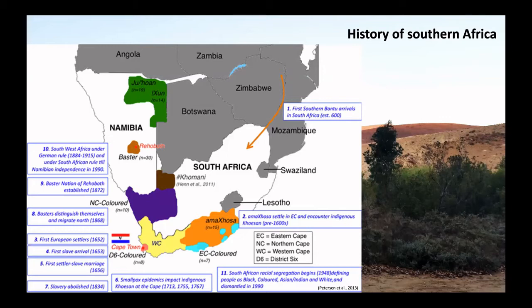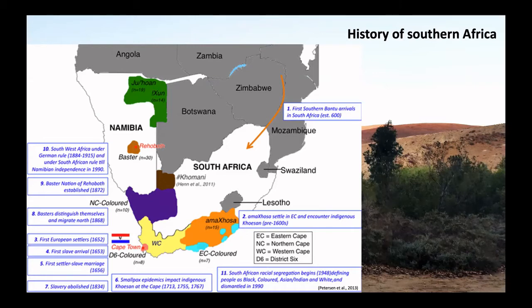You have the European settlers that arrived in the 17th century, the introduction of the slave trade and settler-slave marriage. There were various epidemics: in the 18th century, smallpox, and there are documented cases of tuberculosis and other pathogens present that heightened the mortality rate. Slavery was abolished in the mid-19th century.